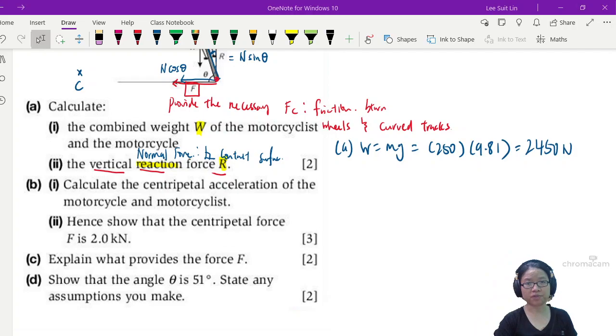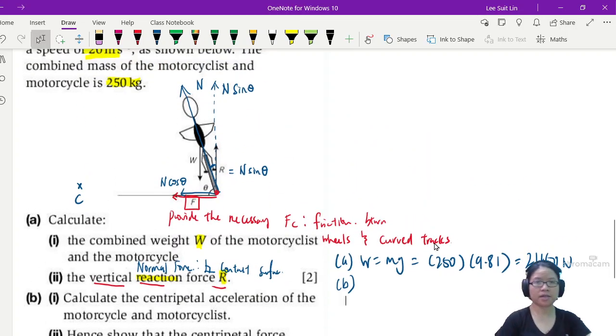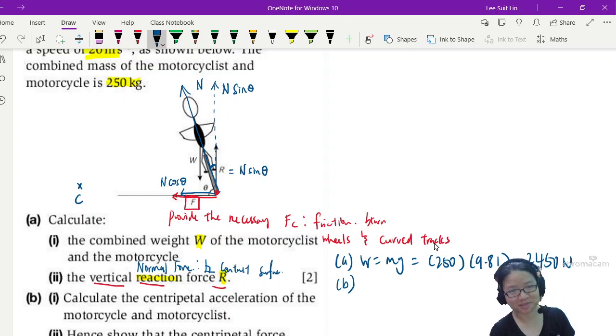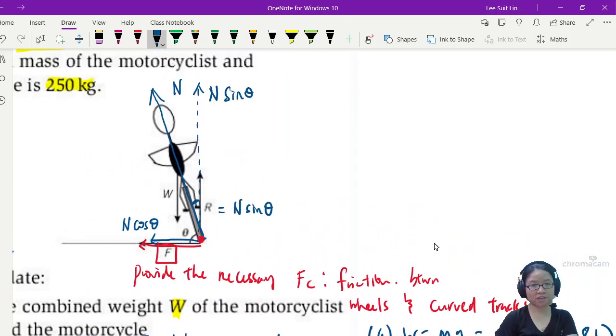And if you want to find the vertical reaction force, you will see that this motorcycle is not accelerating up, it's not accelerating down. So the upward force and the downward force must be the same. Let's say I call this point P as the pivot.